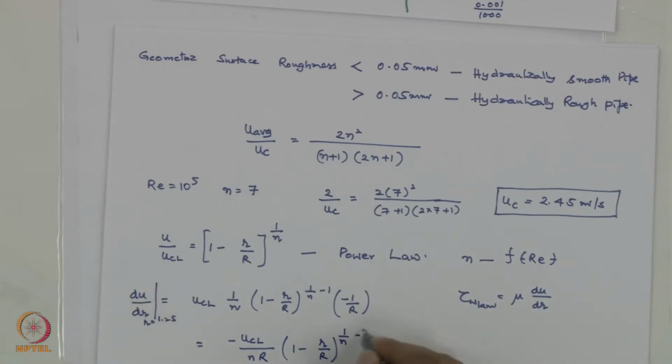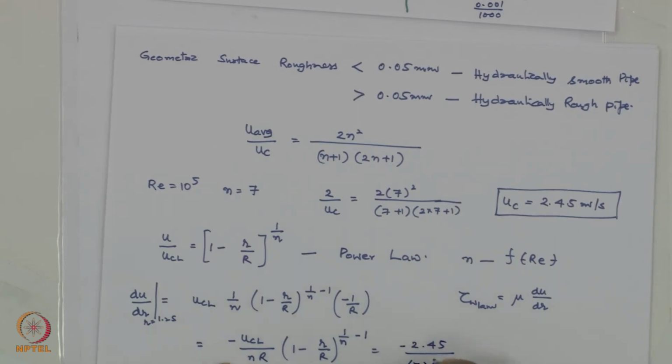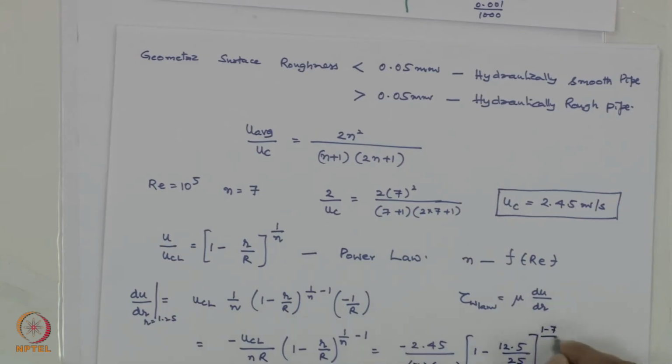So 1 minus N by N, if you just do that, you get U center line we have just found as 2.45, N is 7, R is 25 mm, into 1 minus 12.5 by 25 to the power of 1 minus 7 by 7.